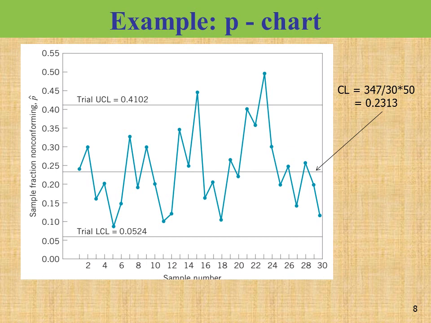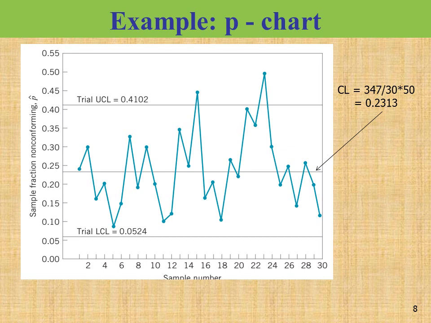each of the samples on this graph, and we find that two of the samples have a fraction non-conforming crossing the upper control limit, and that means the process is not in control, or something wrong might have happened which created a sample with a defective value, a sample that is not up to the mark.